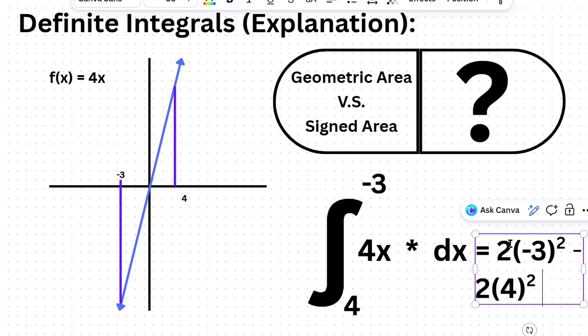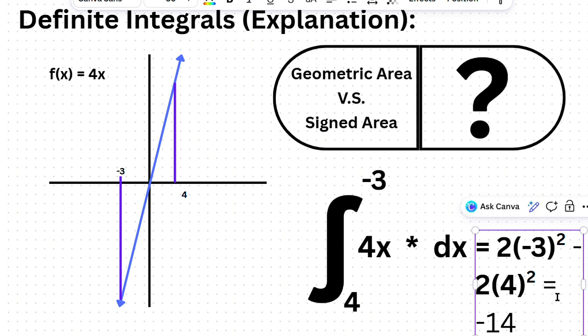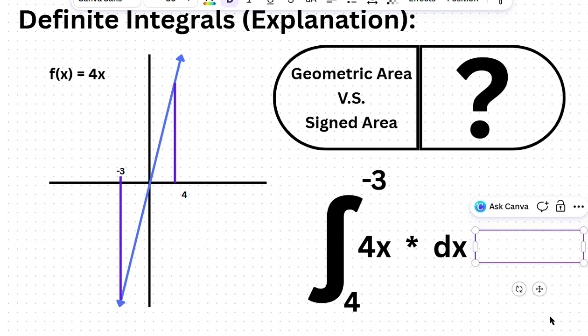This equals negative 3 squared, which is 9 times 2, 18. 18 minus 32 is negative 14. Now notice, the sign flipped. At first, when 4 was on top and negative 3 was at the bottom, it was 14.